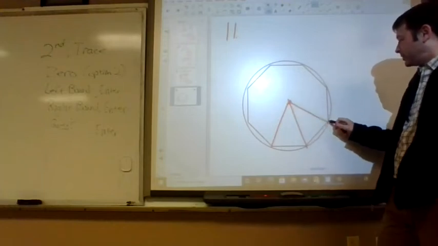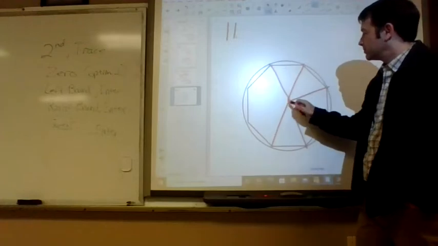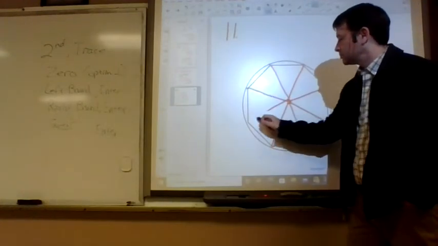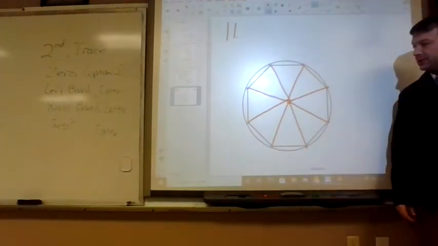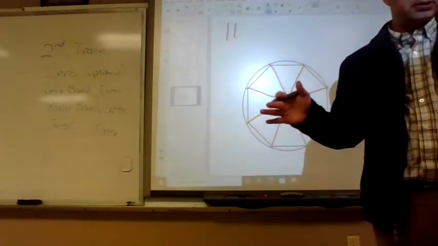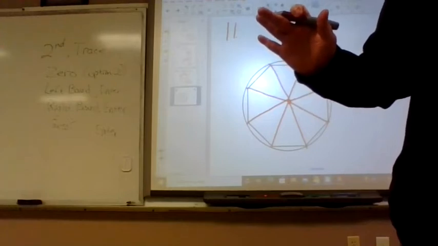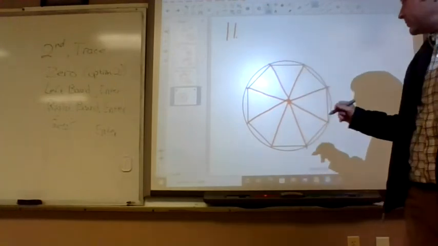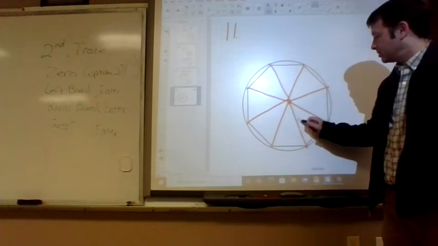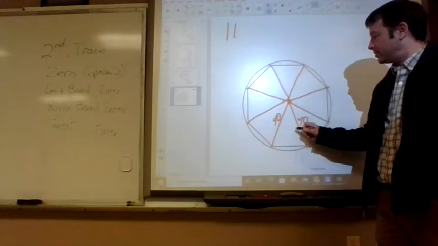Alright, if I drew all the radii to the circle, how many triangles would I get? You would have 8 slices of pizza. Can you find the area of one triangle and multiply by eight? Yeah, you can find one triangle times 8. Number 11 says the circle has a radius of 40. So you have to find the area of one triangle, and all these red lines are 40 long.